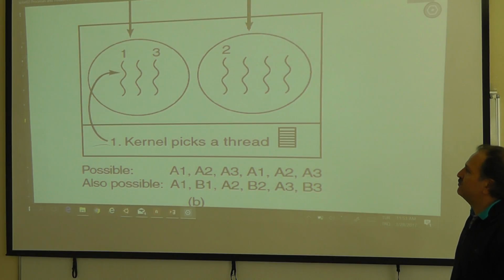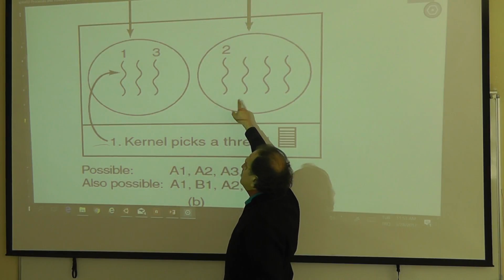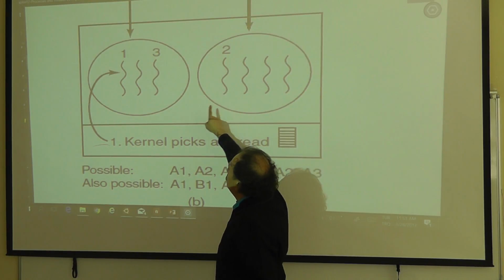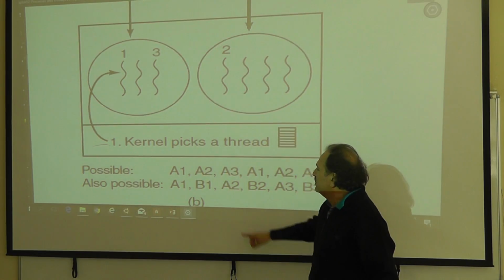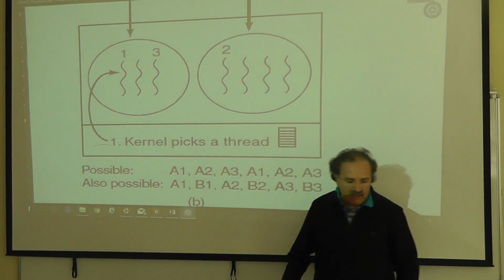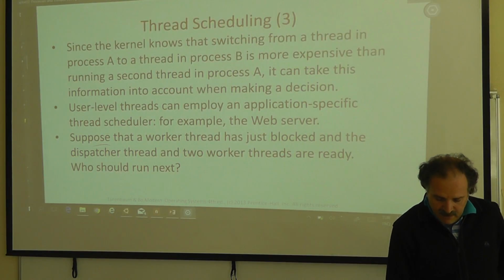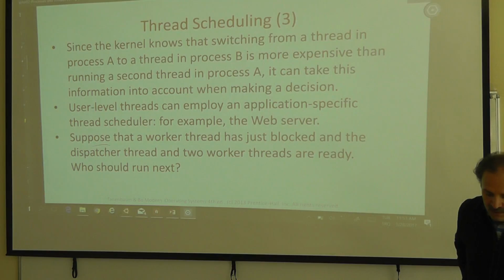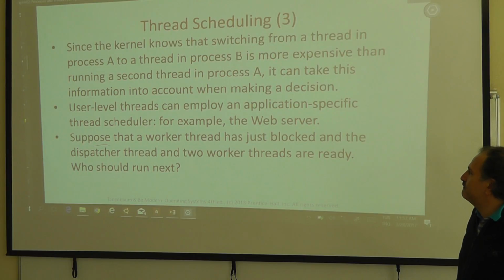If it has to switch to another thread, then it will do it. But if it is okay to keep running these, it will keep running these, because it knows that switching from this one to this one is less expensive, cheaper. So if I have a smart kernel thread scheduler, I can implement such a scheduling algorithm.